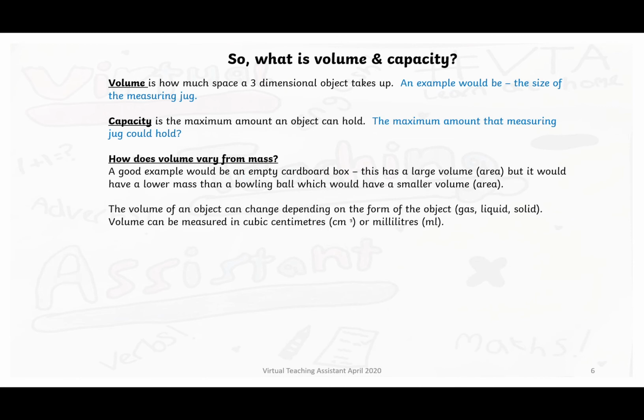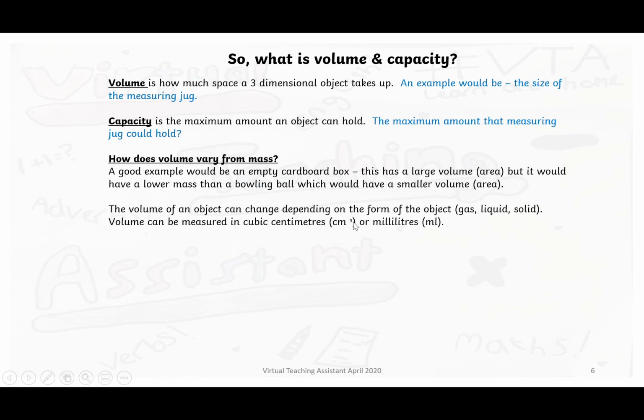Now, the volume of an object can change depending on the form of the object, such as gas, liquid, solid. So, is it steam? Is it boiling water? Is it a solid like sand or something like that? Volume can be measured in cubic centimetres, which we call centimetre cubed, with a little 3 up there.